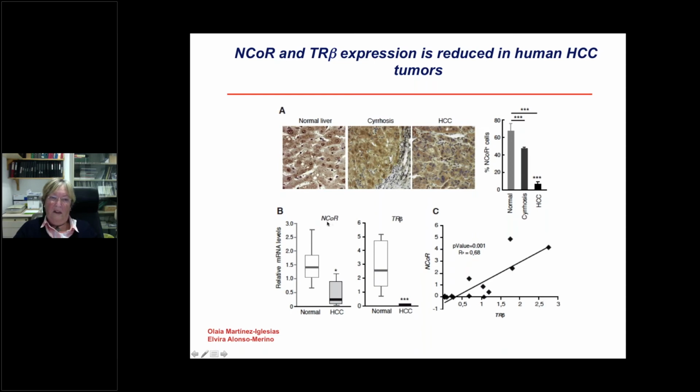And at the level of transcripts, both NCOR and TR-beta transcripts were very strongly reduced in human hepatocarcinoma tumors. And there was a very strong correlation between the levels of both transcripts, indicating that both genes could indeed act as tumor suppressors in human hepatocarcinoma.